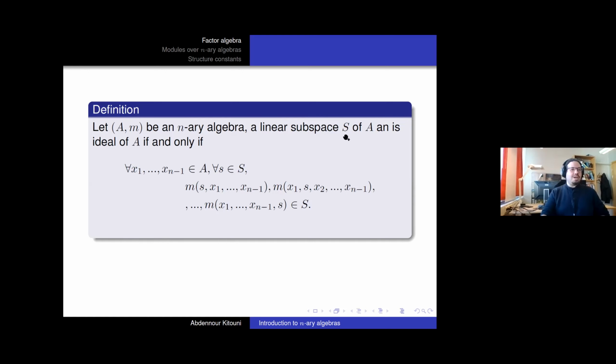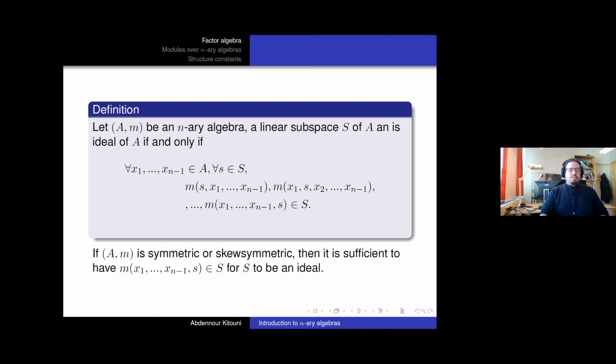If we take an n-ary algebra and a linear subspace S of A, then we say that it is an ideal if and only if all multiplications with one element of S and n-1 arbitrary elements of A in any order, so S in first, second, or whatever position, all of these should belong to S. And if the algebra we began with is symmetric or skew symmetric, then it is sufficient to have only one of these in S. And now that we are going to work with factor algebras, you will see that this definition is relevant actually.